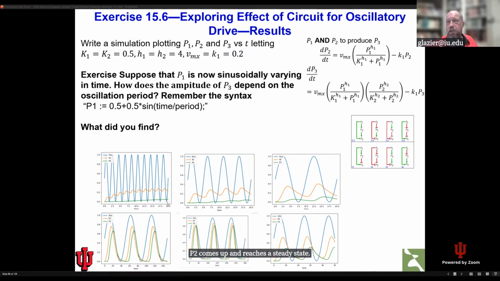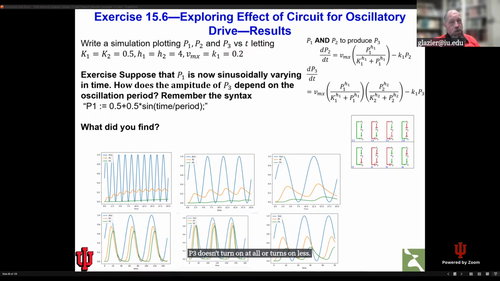P3 never turns on. As I lower the frequency, I see P2 turns on and P3 turns on. And if the frequency is too low, P3 doesn't turn on at all or turns on less.